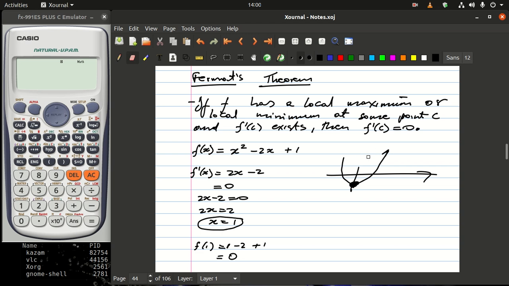So this function was supposed to look like something of this type here. We have the Cartesian plane, and when x is equal to 1 we have a turning point, and when I plug it there we get a 0. So we actually have something of that type there.